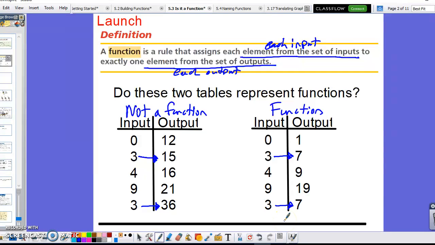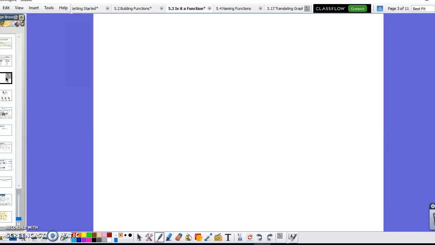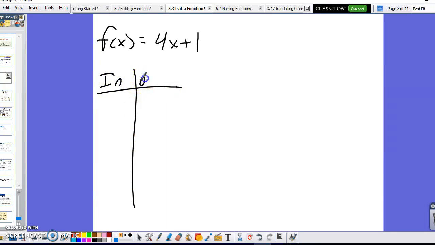Okay? Let's look at some other examples. We have basic examples like, and I'm going to write it such as this, 4x plus 1. Well, if I make an input and output table, and I use some inputs, for example, it doesn't matter how many times I put in this input of 0, 4 times 0 plus 1 is always going to be 1.